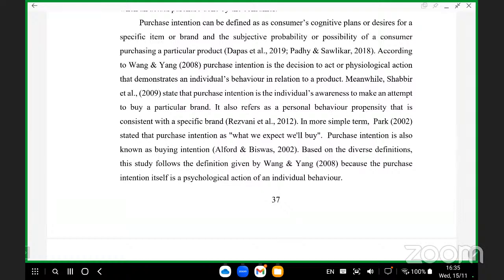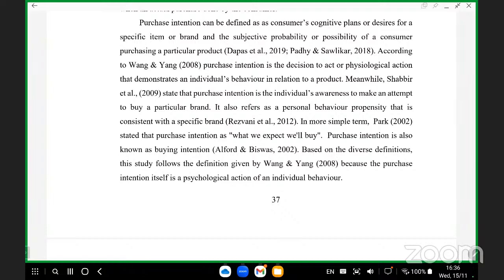Tetapi make sure that you also mention which operational definition that you follow, that you already feel that in more simpler term, this is I think what that relates the most ataupun closest, yang paling dekat sekali maknanya, yang paling senang dibaca dan juga difahami.